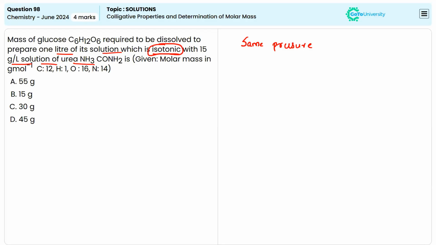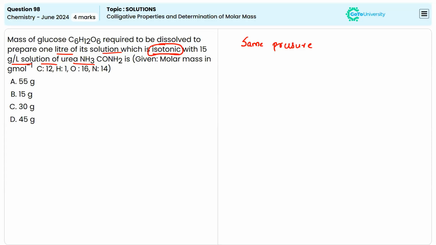Whatever mass you take doesn't matter by itself, because their osmotic pressures should be equal. Okay, so let us do this.